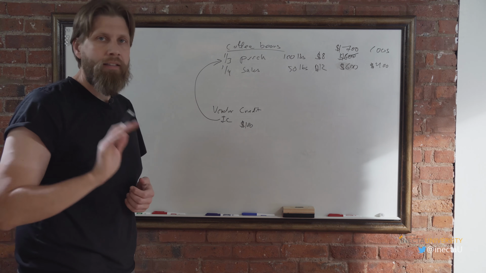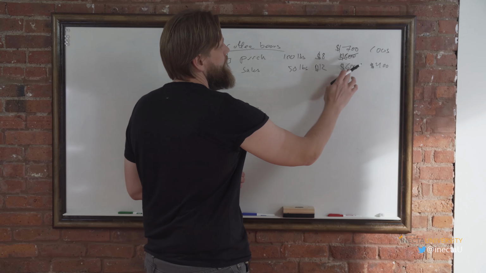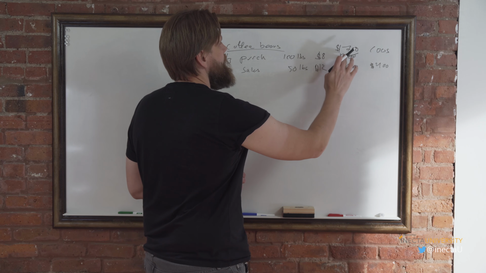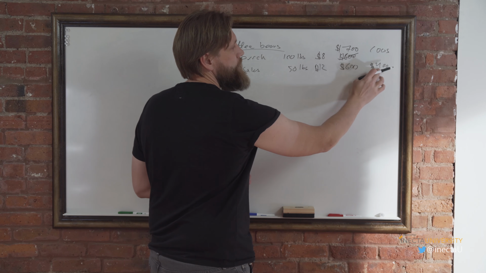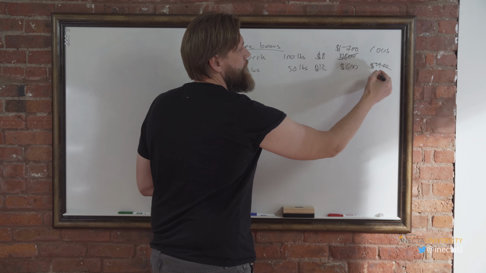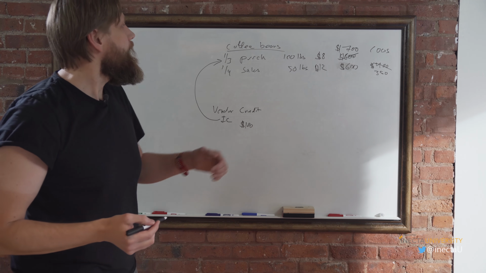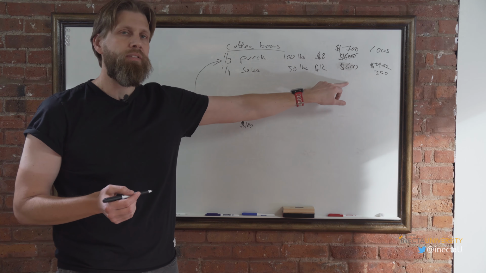The cost of goods sold here, this 400 becomes 350 because half of 700 is 350. And so our profit on this now is 250.